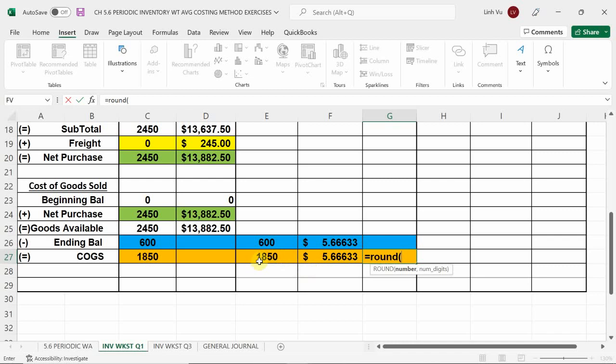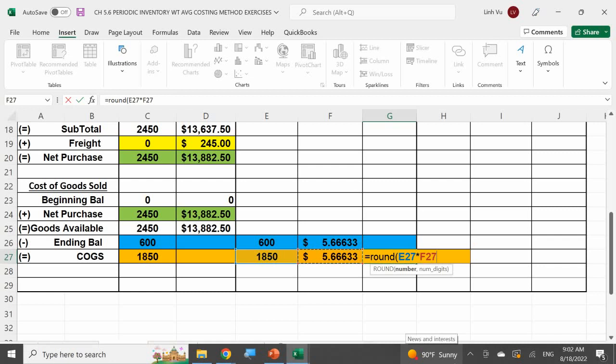So in this case, I want to calculate what 1,850 multiplied by this 5.66633, right? So that's my first argument, what is the equation, or what is the formula that you're trying to figure out, okay? Once you've done that, then the next one is going to be a comma, which will end your argument.